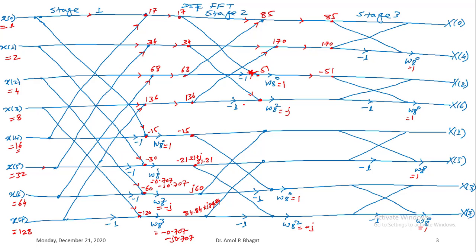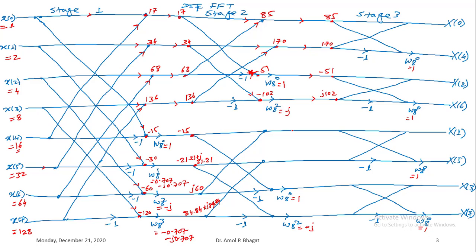At this point, right? And from this side -136, so -136 plus 34, so here it will be -102. This -102 get multiplied with -j, so here the input will be minus minus plus will be there, so j102 will be the input, right?